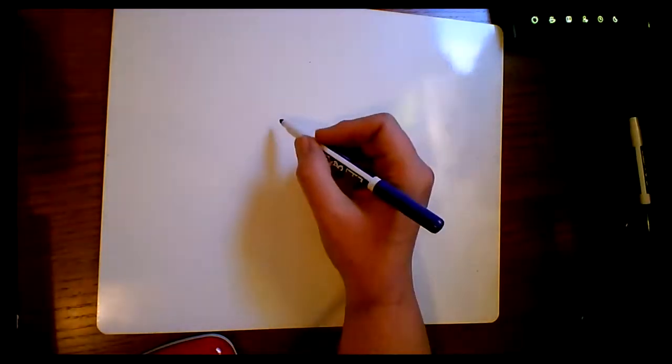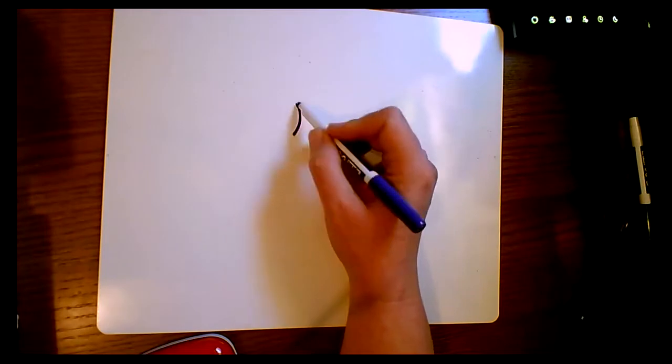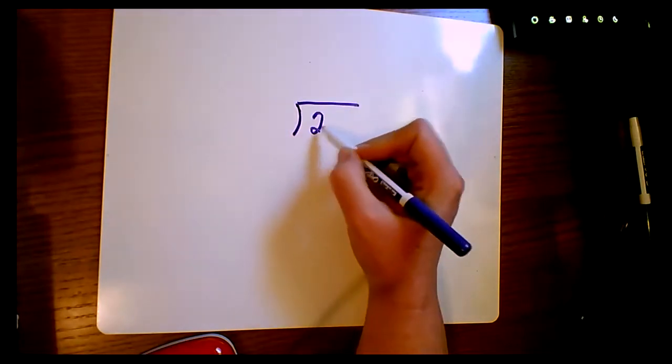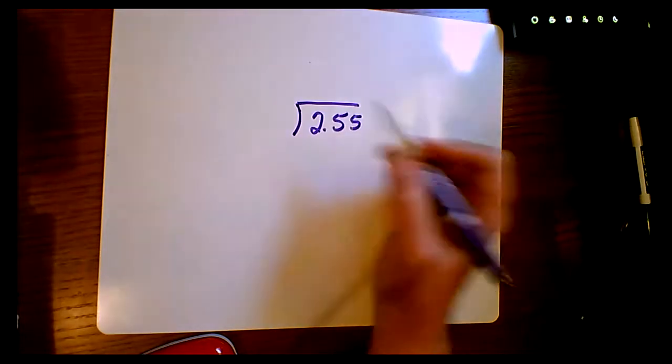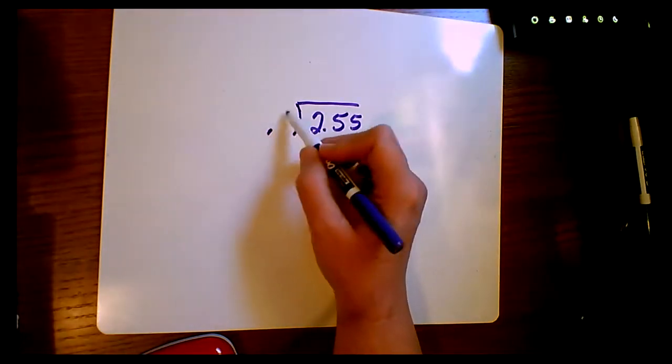Okay, so on worksheet 31, problem number 2, the directions say, when dividing by decimals, multiply both numbers by powers of 10 to make the divisor a whole number, and then show the new decimal points as shown. So let me go ahead through that for you. So here we have 2.55 divided by 0.5.